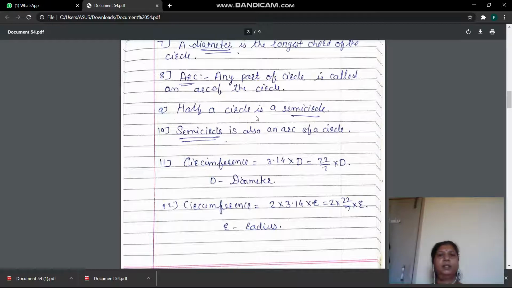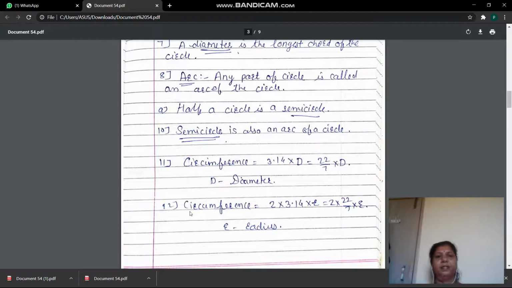Then half a circle is called a semicircle. A semicircle is also an arc. Remember this thing. Okay. Now these are the two formulas. Circumference is equal to 3.14 multiplied by d, otherwise we can say 22 upon 7 multiplied by d, where d is for diameter.